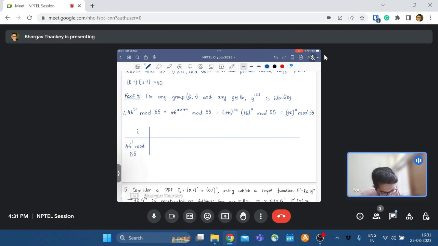When I is 1, it's just 46. Let me not draw these, I take too much time. When I is 2, it's 26.